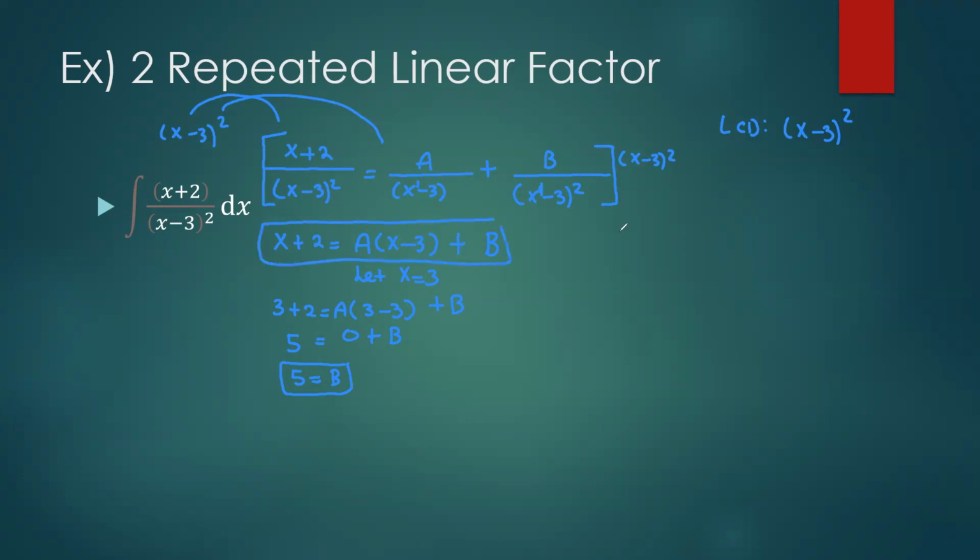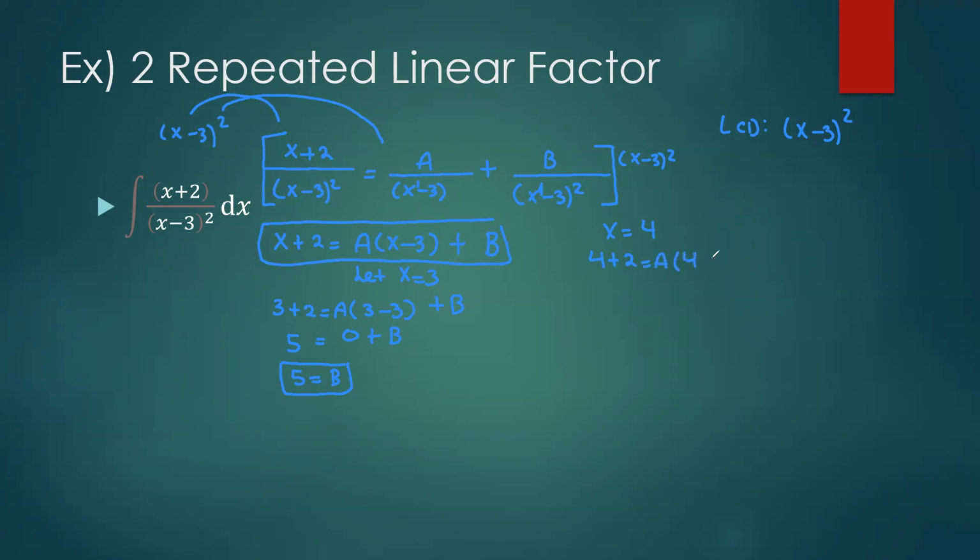And this time I'm going to let x equal 4, and set b to 5. So it's going to be 4 plus 2, and then set x to 4.